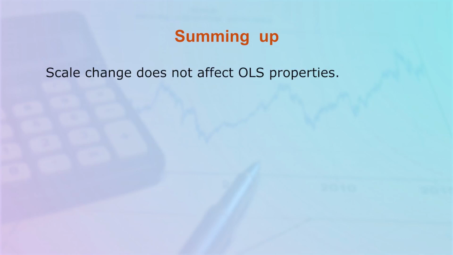So in this particular module, we sum up in the following manner: whenever we talk about the scaling of the variables, it does not affect the OLS properties. Moreover, the correlation coefficient becomes the same between x, y and the scaled form x star, y star. The conversion is done by the inclusion of the respective weights.